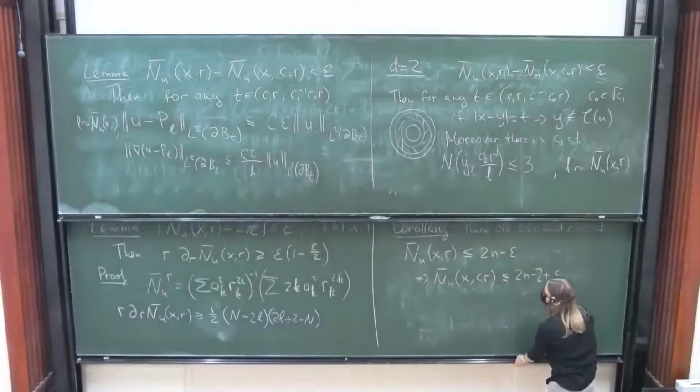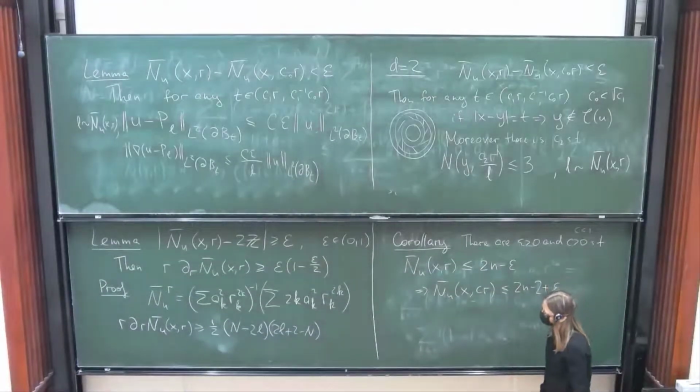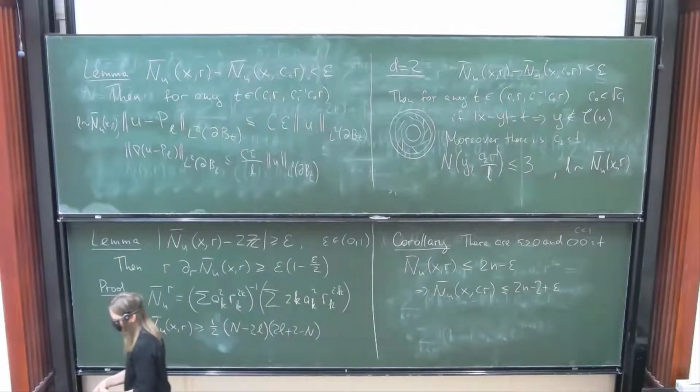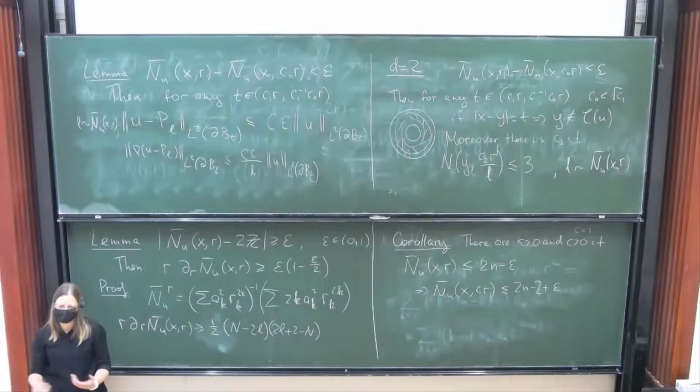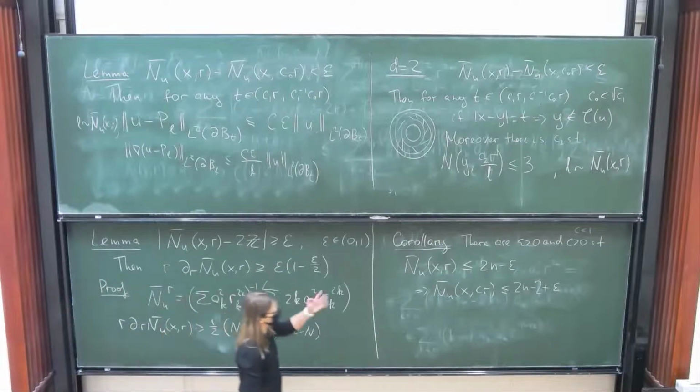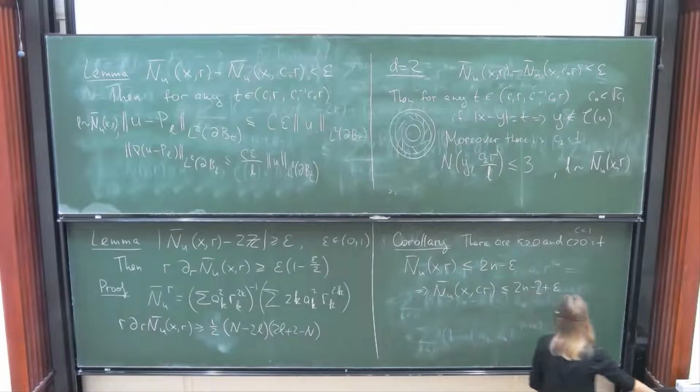Let me try to use these ideas to explain how to cover the effective critical set in dimension 2, and then tell you what is the difference in higher dimensions. So, yeah, let us first do it in dimension 2.